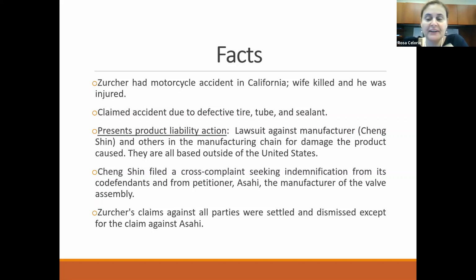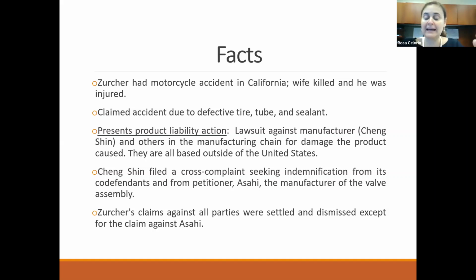One thing that is very interesting in this case is that you have a number of defendants, and most of them were foreign-based companies, not necessarily physically present in California. So this becomes a territorial jurisdiction matter, because they're all based outside of the United States. You have a number of cross complaints filed in this case.